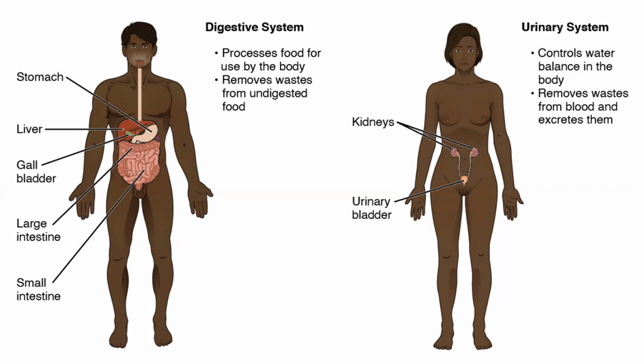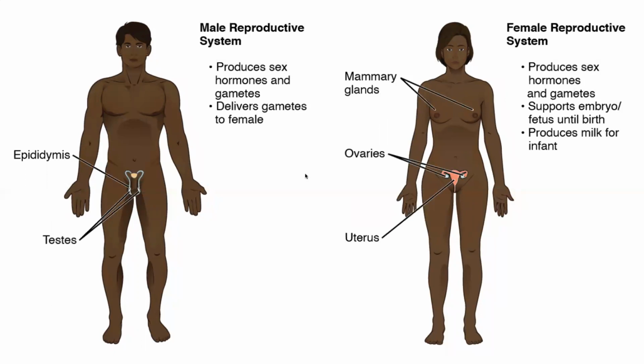Then there is the reproductive system in the male and the reproductive system in the female. All these systems in combination make a human being.